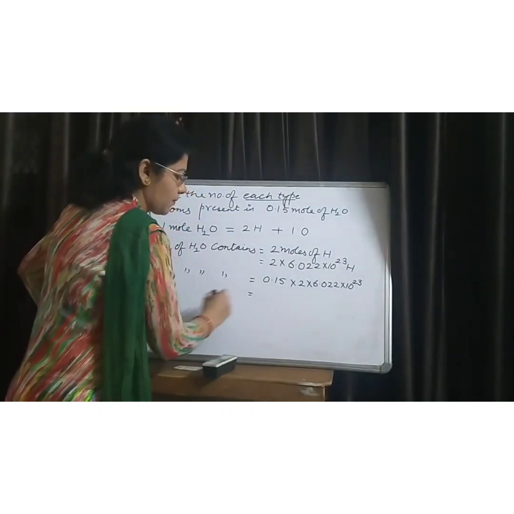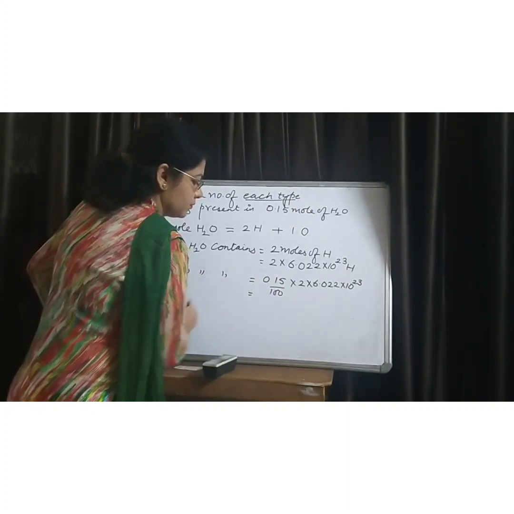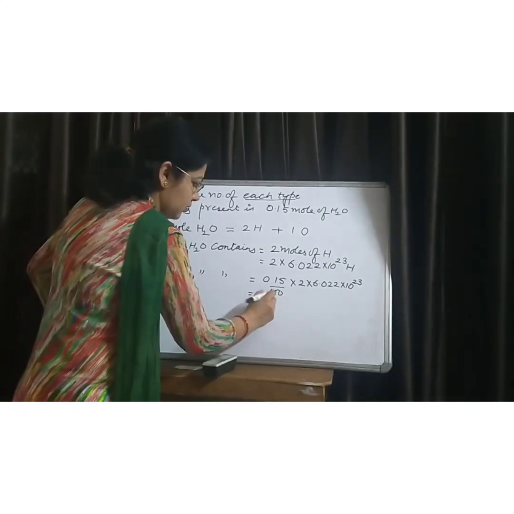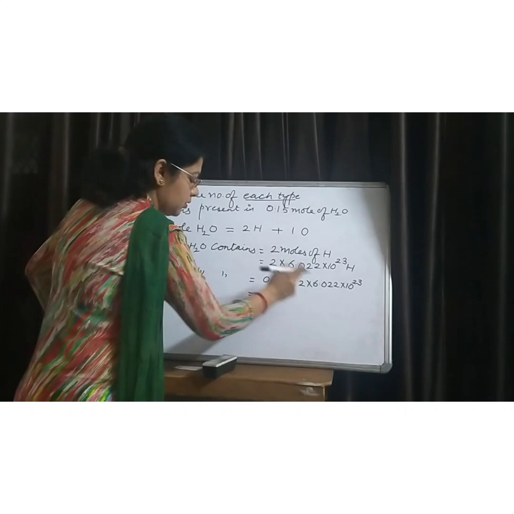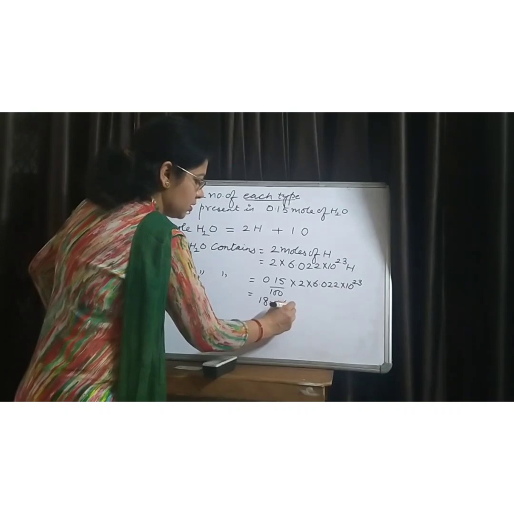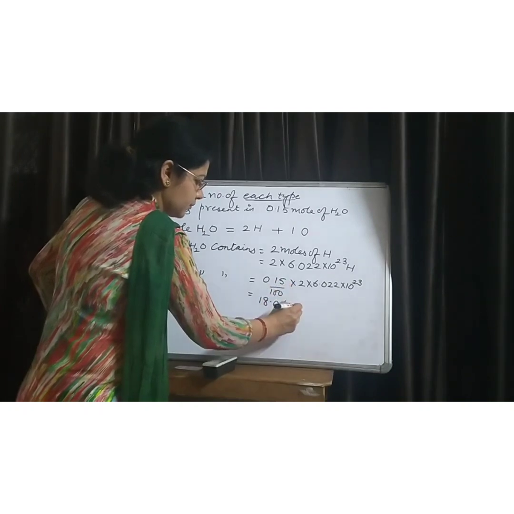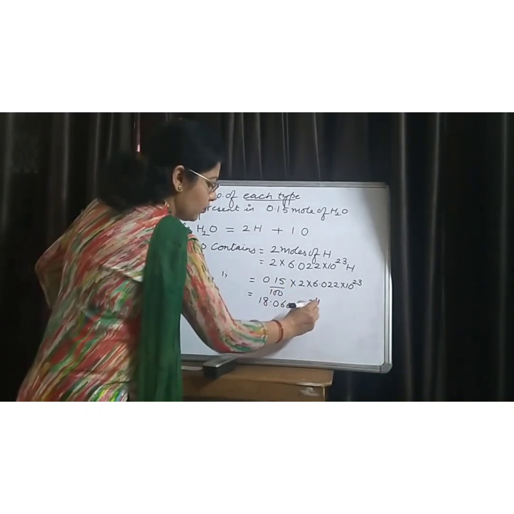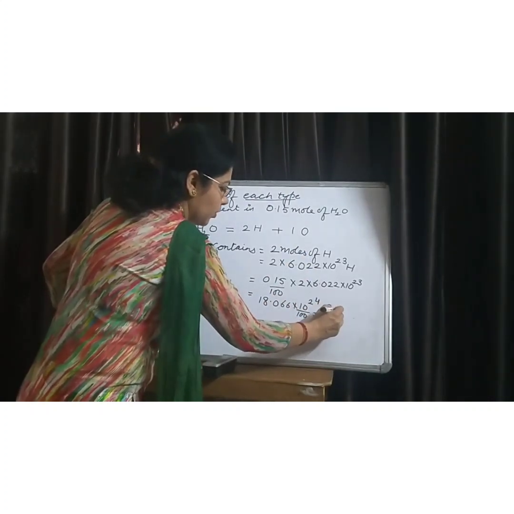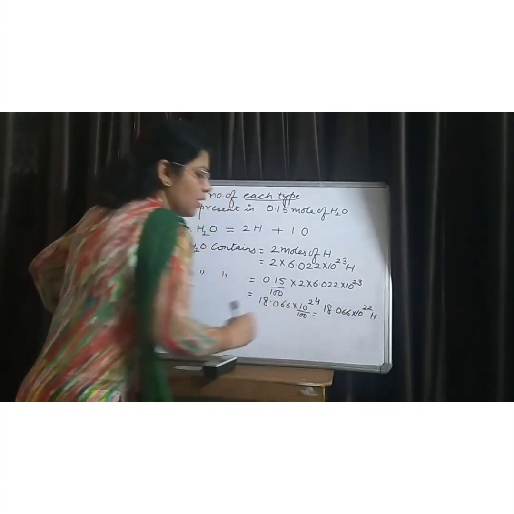That is 18.066 into 10 to the power 24 divided by 100, or 18.066 into 10 to the power 22 hydrogen atoms.